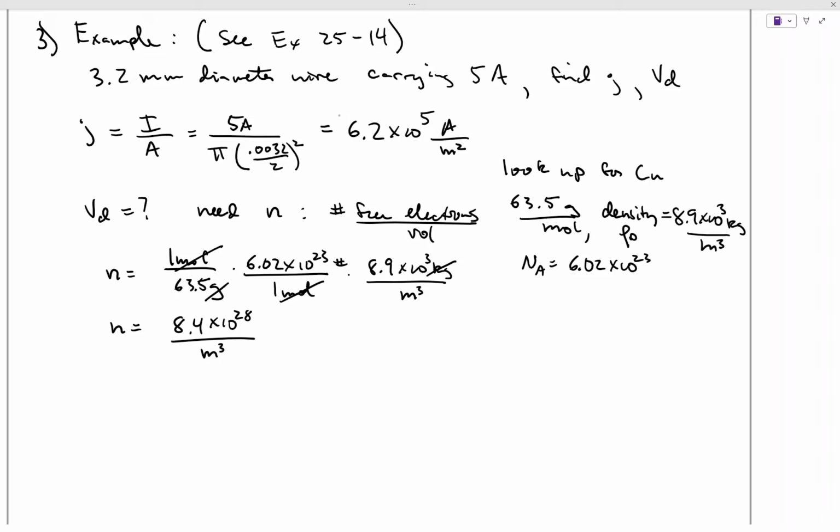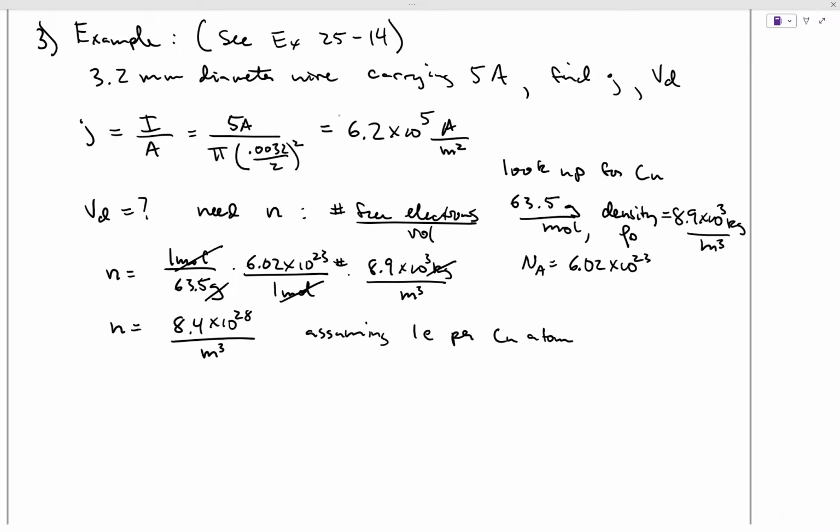And like I said, this is assuming 1 electron per Cu atom. So basically what we've done is we've taken information about the density, the molar mass, Avogadro's number, you put that together and you can come up with the number per volume, which is what we need in order to compute the drift velocity.